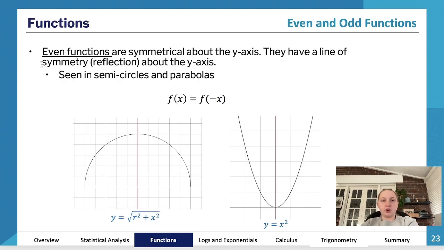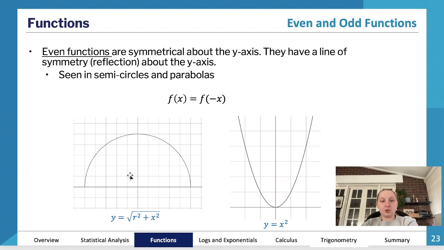Okay, so also important to understand even functions and odd functions, which we'll look at in a second. But our even functions are functions that are symmetrical about the y-axis. Essentially that's saying the left and the right are the exact same, thinking of left of the y-axis and on the right of the y-axis.